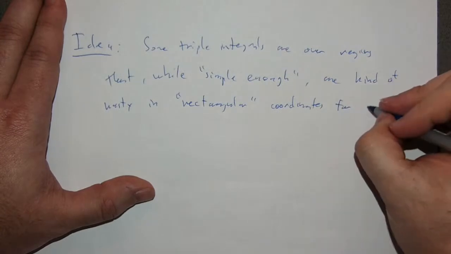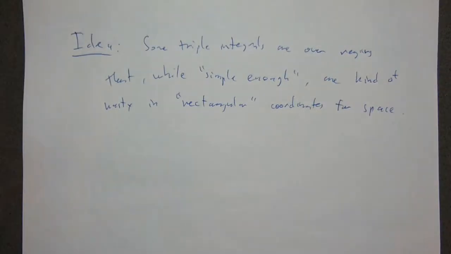When we say rectangular, we mean the usual x, y, z here. So just like for double integrals, it turns out that some of the regions we want to integrate over and some of the things that we want to integrate would be much nicer in different coordinates.